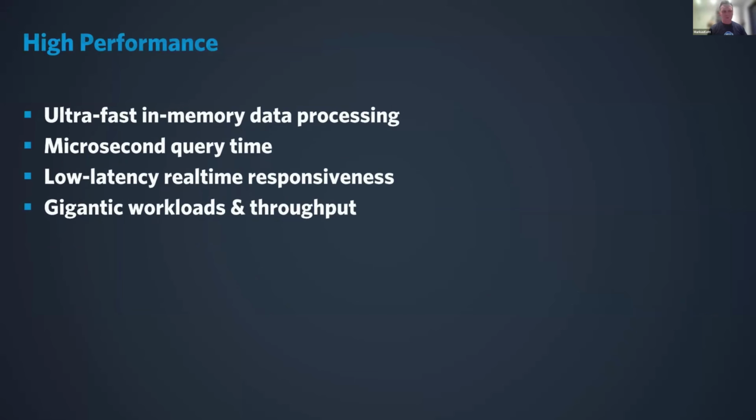Most Java projects or database applications have challenges with performance. With EclipseStore, performance should not be an issue anymore because of the power and the performance of the JVM. It's real time, so real time processing is possible, and you can reach really extreme workloads and throughputs with EclipseStore.